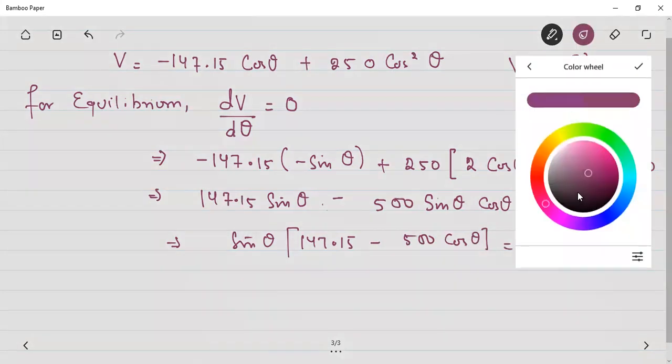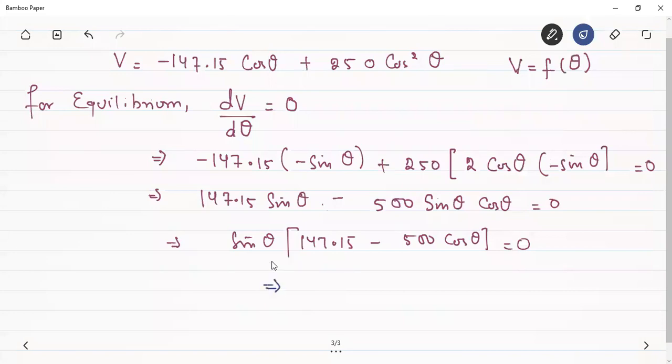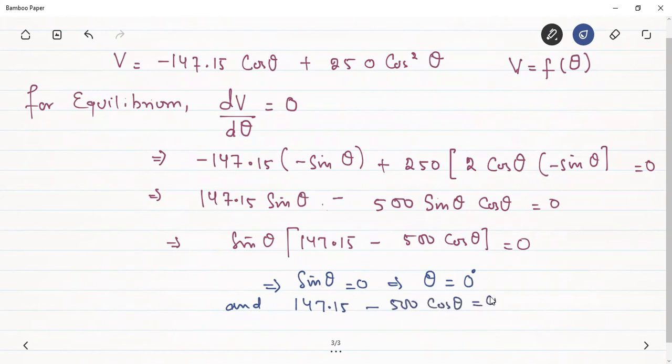So from this equation, we will get two values of theta. Okay. Either sine theta is to be 0, which implies theta is equal to 0 degree. And another condition of equilibrium is that 147.15 minus 500 cos theta can also be 0.